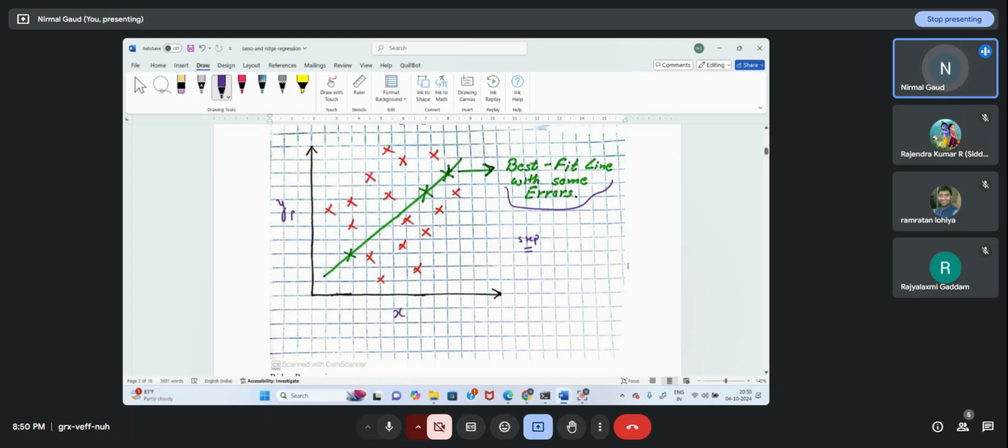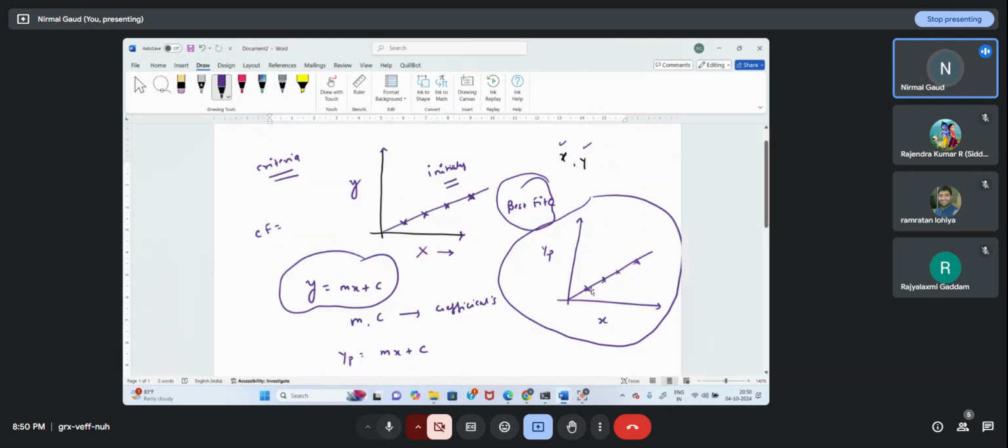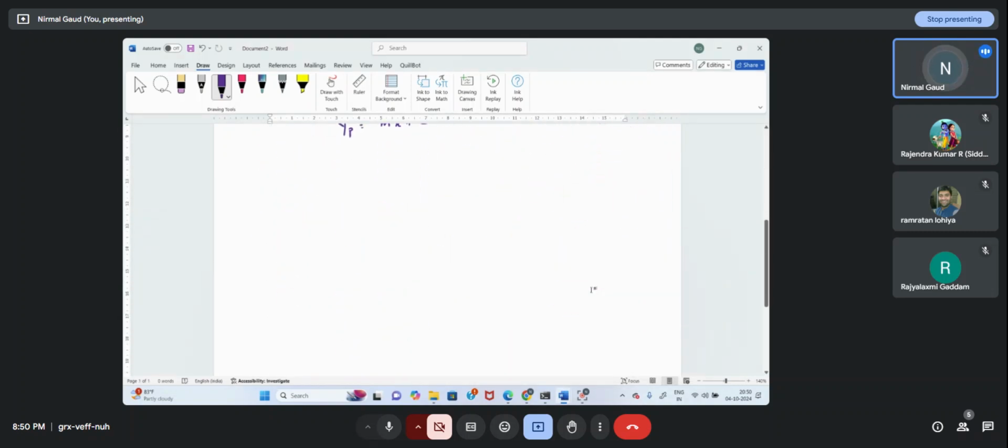Okay. So there are many things which can come into the mind. Sir, this is x, this is y. If I draw a plot between them, a point can be here, a point can be here, anywhere the point can be present. So I just make a line.